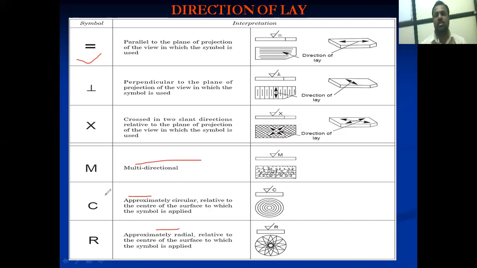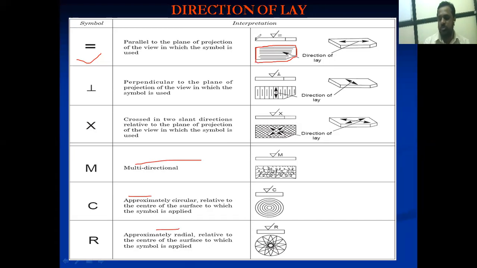First of all, try to understand the meaning of direction of lay. Direction of lay is nothing but it shows the pattern of irregularities on the surface of your component. For example, suppose this is one surface, we can say this is one component.